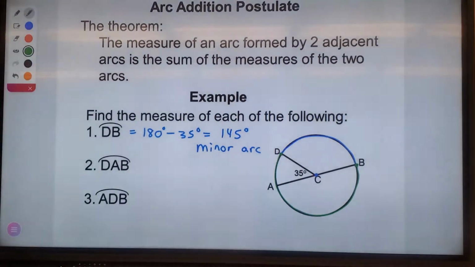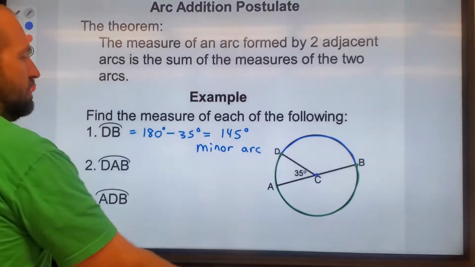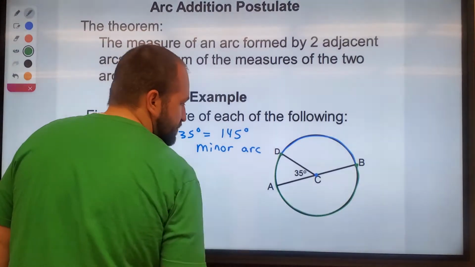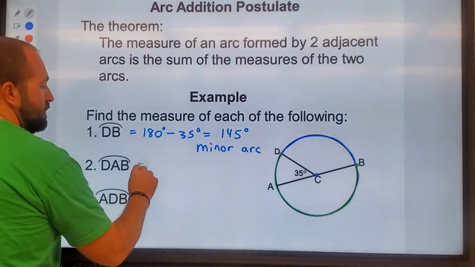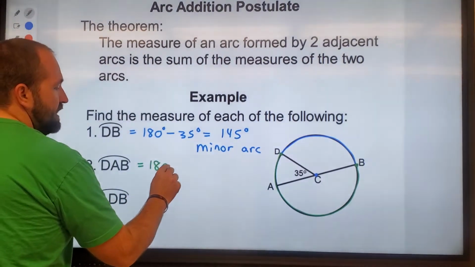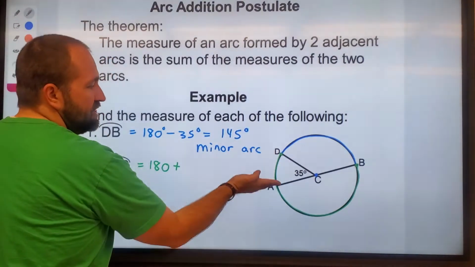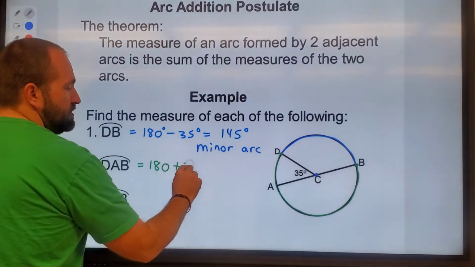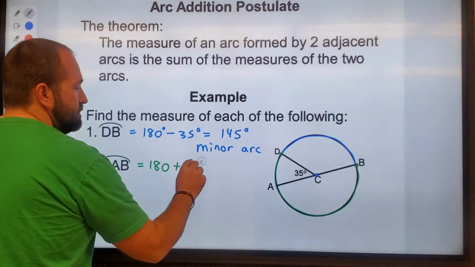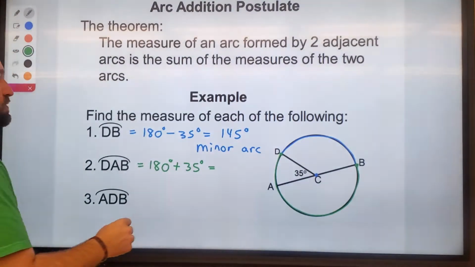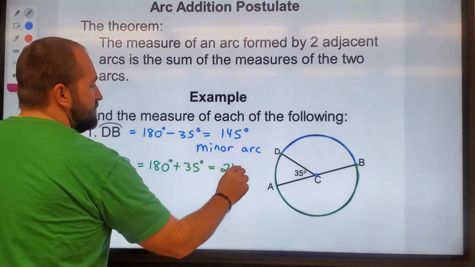As with the previous problem, that whole bottom portion, from here all the way over to here, is half of a circle. So that's 180 degrees, and we use that 180 again here. Then I add the 35 degrees, because I had this in addition to that. If I combine those two together, I get 210 degrees.